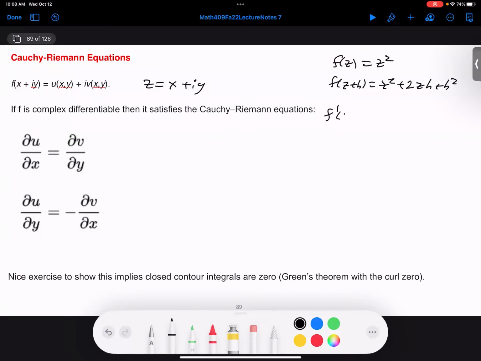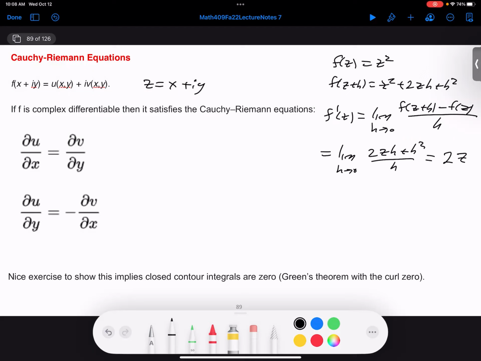So f prime of z would be the limit as h goes to 0 of f of z plus h minus f of z over h. The z squares cancel. We have 2zh plus h squared over h. The h's cancel and we'll just get 2z. So this function is differentiable.